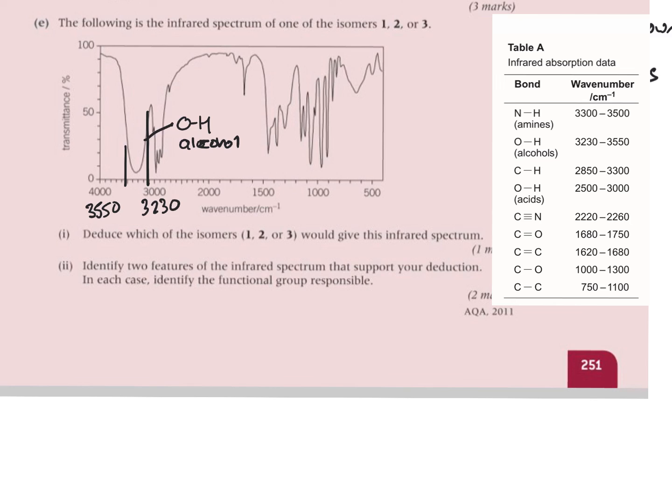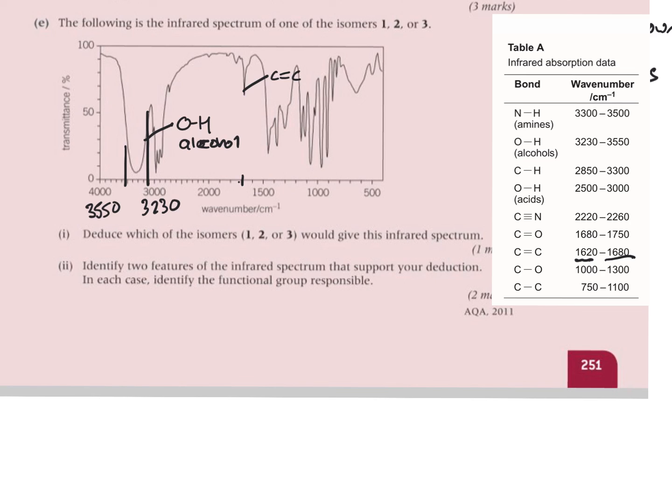Also, to confirm that it was the first isomer which possessed a C double bond C, there should be a peak at 1620. So if we go along to 1620, which is here, it's a very small peak, 1620 to 1680, that tells us that there is an alkene. Notice this peak is very small, but it is indicative of the presence of an alkene group.